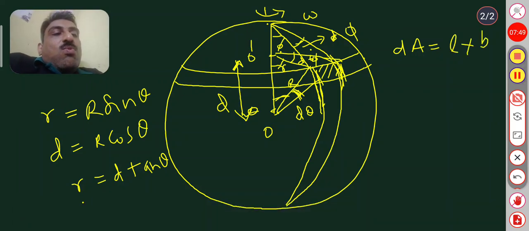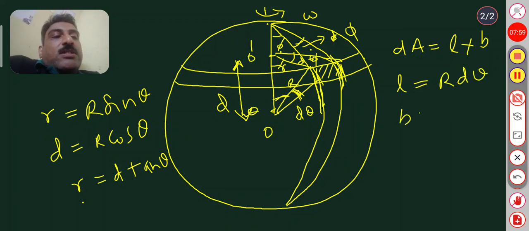If you consider this as the length, it is equal to R d theta. And the breadth is equal to small r into d phi.